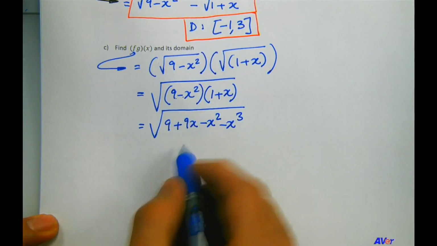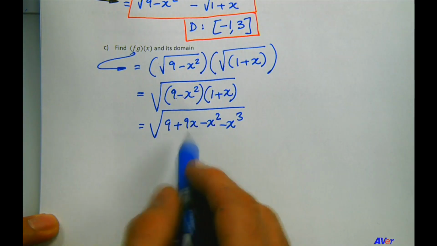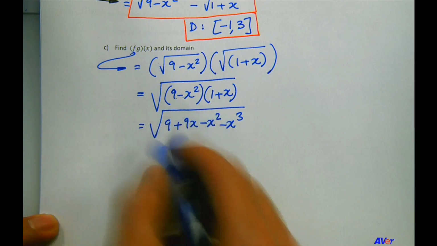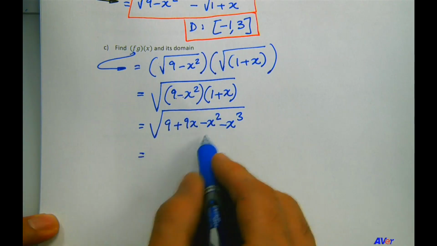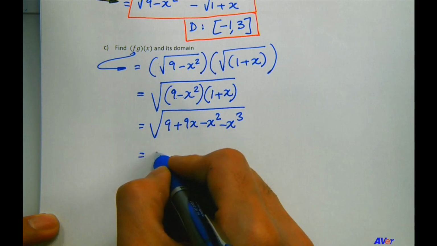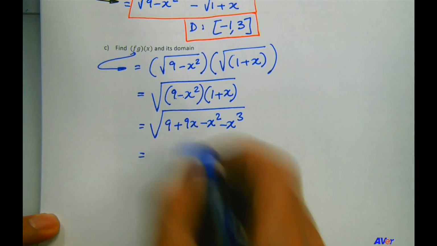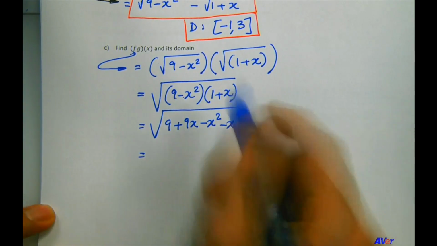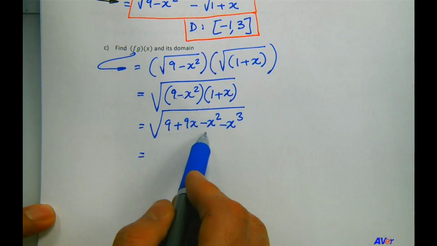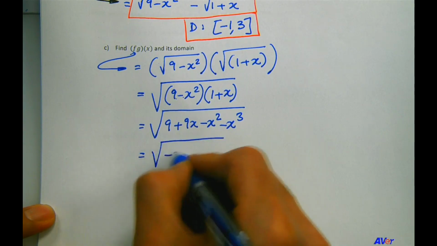Okay, and then we have that, and there's nothing we can simplify here. I'm not sure if distributing it made things a little easier or not, but let me write this in.